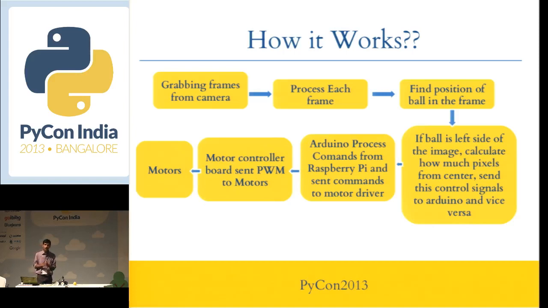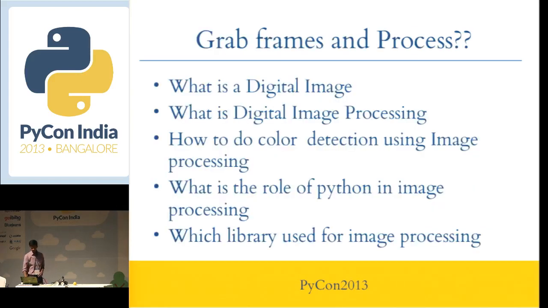Then Arduino will process this control signal, split it, and find the direction, whether left or right, and what the offset from the center is. Using these control commands, Arduino will send the appropriate control signal to the motor driver. The motor driver will produce PWM and send it to the motors. This is the basic working.